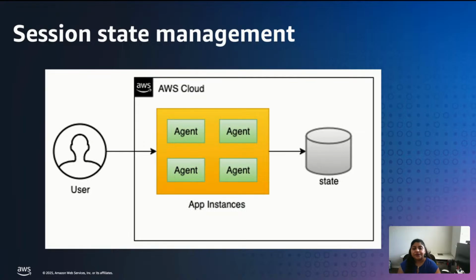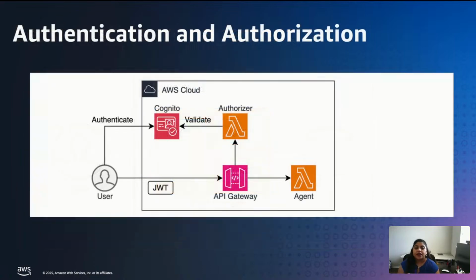Pretty great, right? Now that we are talking about all of this, let's talk about how authentication and authorization play a big role. Think of enterprise AI security like a smart office building. Your agent needs to know who you are and what you're allowed to access before it can help you.